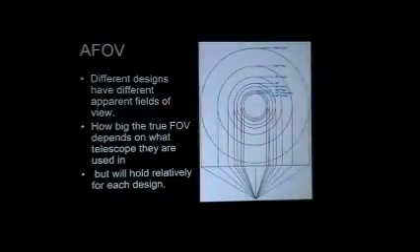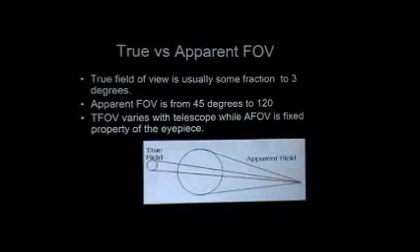So the big lesson in all of this is, remember, I put an A in front of field of view here, because this is the apparent field of view. There should also be a T here, for true field of view, which is the amount of sky you're actually looking at. And now we're going to turn to the relationship between the two of those things.